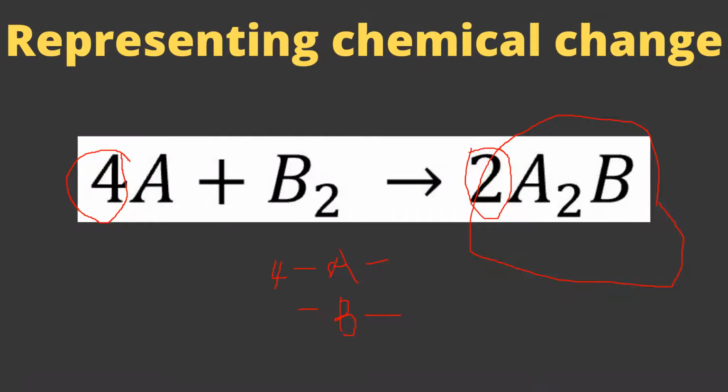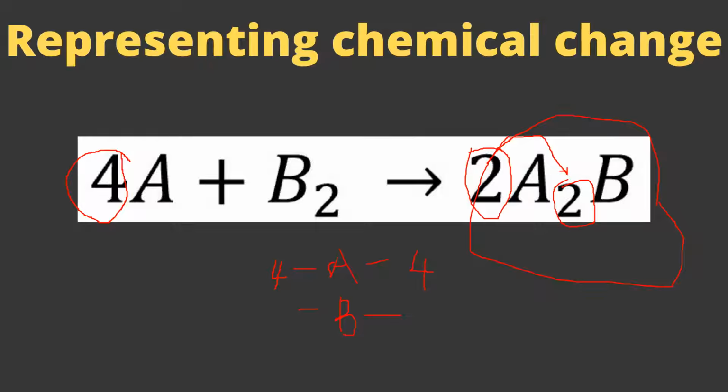Then you go to the right hand side and ask how many species of A we have. We have a coefficient 2, but also this small 2, a subscript, so the coefficient 2 multiplied by this 2. 2 multiplied by 2 is 4, so we have 4 species on this side too.